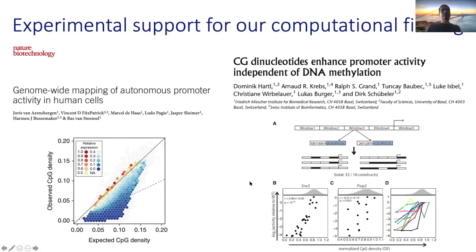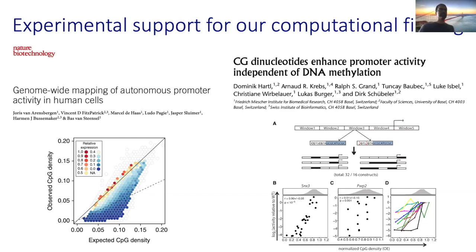This question was also interrogated by a different group in Switzerland, which, again, used reporter assays to interrogate how the presence of CpG dinucleotides enhance promoter activity. In their case, they found a correlation, and they went in and then deleted or mutated some of these CpGs and found that this diminished the correlation in the relationship between the density and promoter activity.